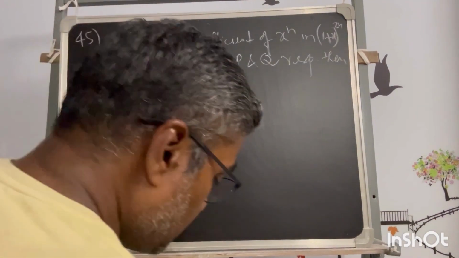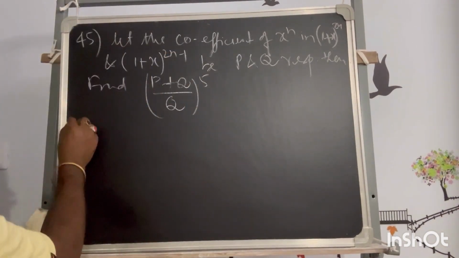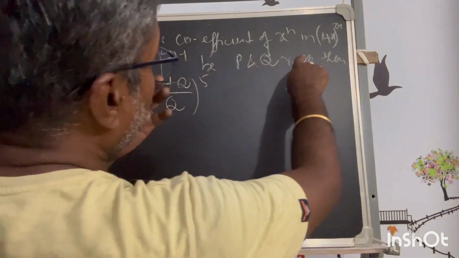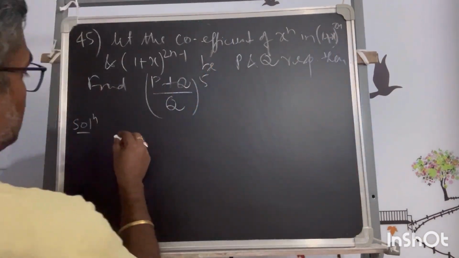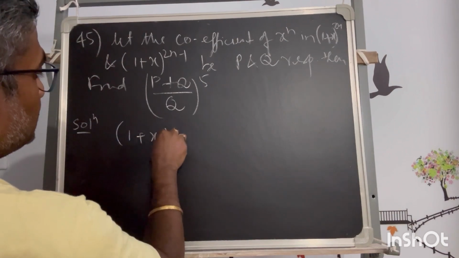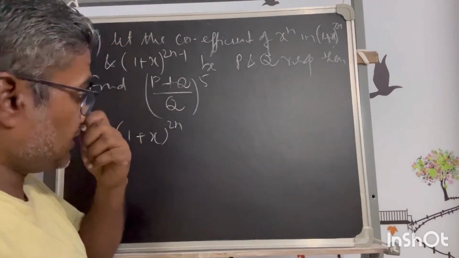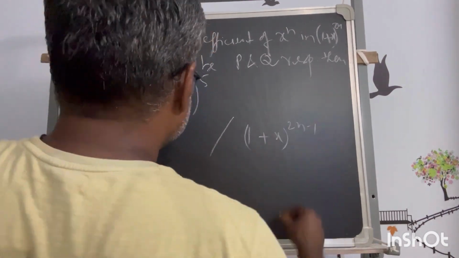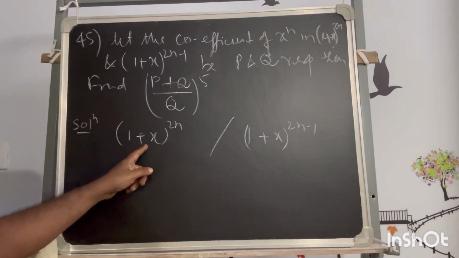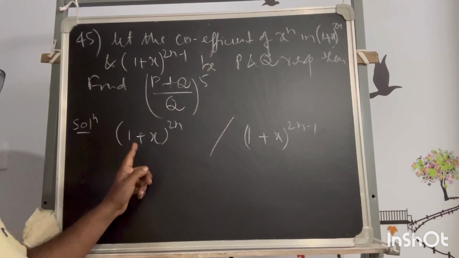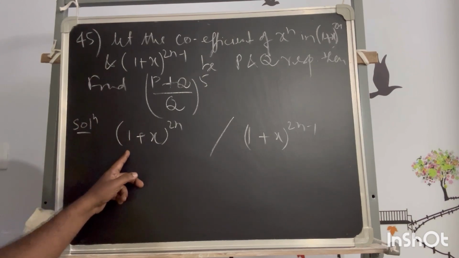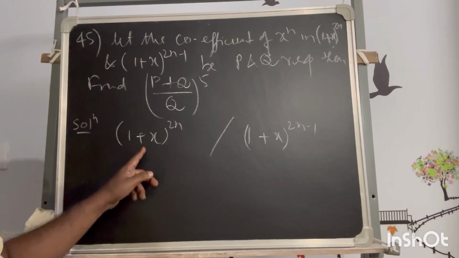Let me find the p and q values first. The coefficient you have to find. By seeing this series, generally we have expanded many similar series. In any case, whatever the number of terms, the x power will be 1 less, because the first term is 1 without x, that is x to the power 0, and the second term carries nC1 x to the power 1.